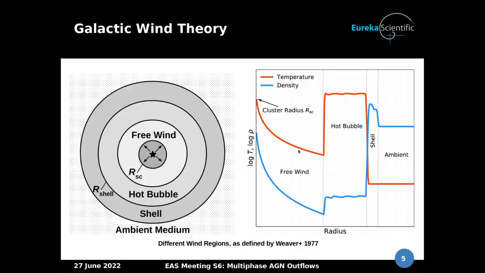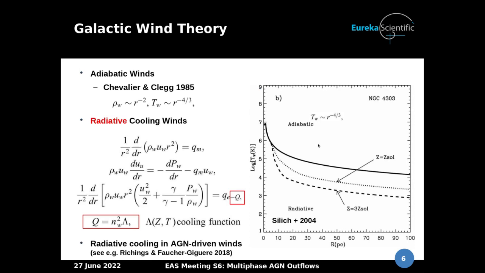Four different regions of galactic wind were defined by Weaver in 1977. First is the free expanding wind, then the hot bubble, and after that the formation of the shell, which is followed by the ambient medium. And for larger scale galactic winds, there is a theoretical model developed by Chevalier and Clegg in 1985, in which they study adiabatic winds.